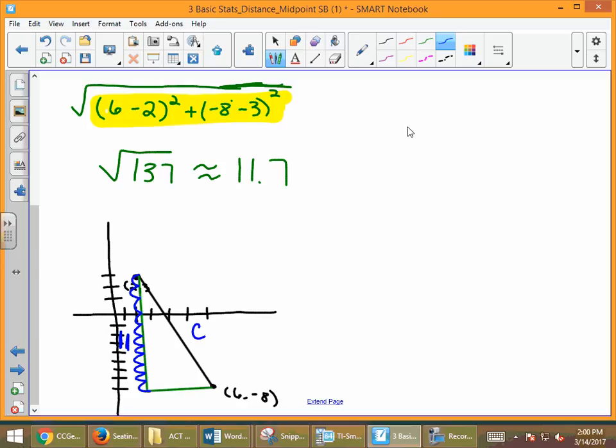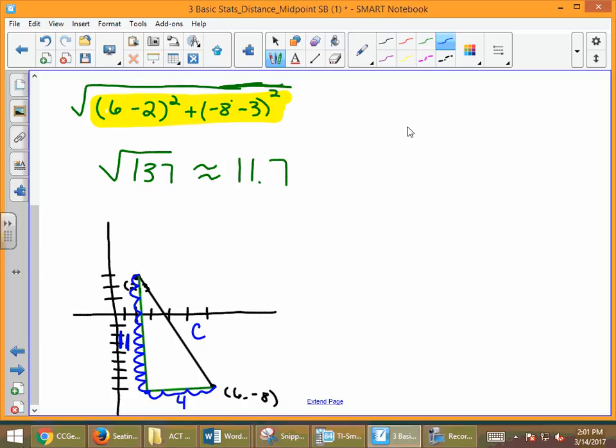Count the same way, or you can think, well, here's this point starting at 2, and it's going to 6. So what would the distance of this side be? Went from 2 to 6. What is it? 4. Then you can just count. 1, 2, 3, 4. Okay? 4. So those are your legs.